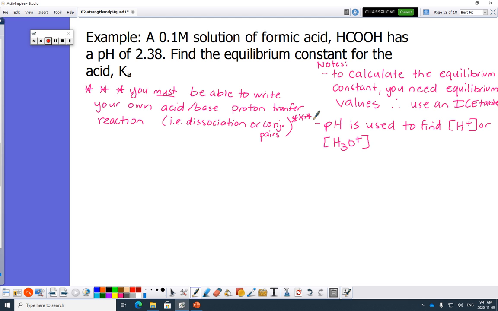We're going to use the pH to find H plus or H3O plus if you prefer. And that value goes at equilibrium. It's essentially the same principle as solubility. You put the acid in, you give it a bit of time, it starts to dissociate, and the dissociation occurs when equilibrium has been established, okay?